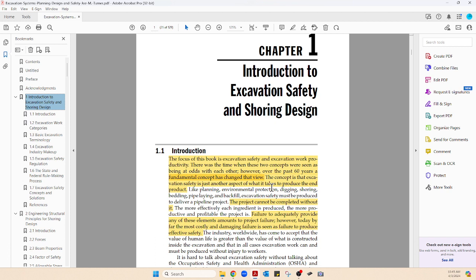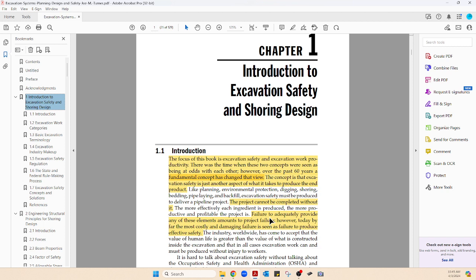In other words, without safety, you can't be productive because injuries stop jobs, slow down, cost money, impede progress. So safety is just as important as running the excavator, digging the trench, hauling off the dirt. It's just another part of the chain of productivity.